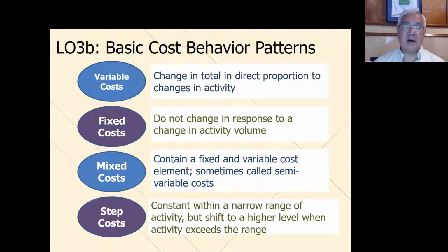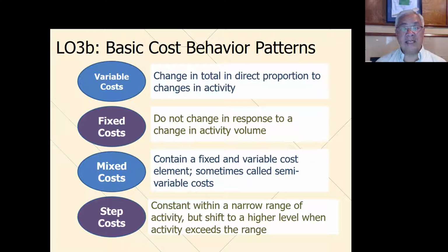And step costs are ones where it's flat for a certain while, and then we add one more and it goes up another level. It goes flat again and up another level. An example would be shifts. If we manufacture our products comfortably in 1 8-hour shift, we're fine. But once our sales grow, we have to produce more than we can make in 8 hours.